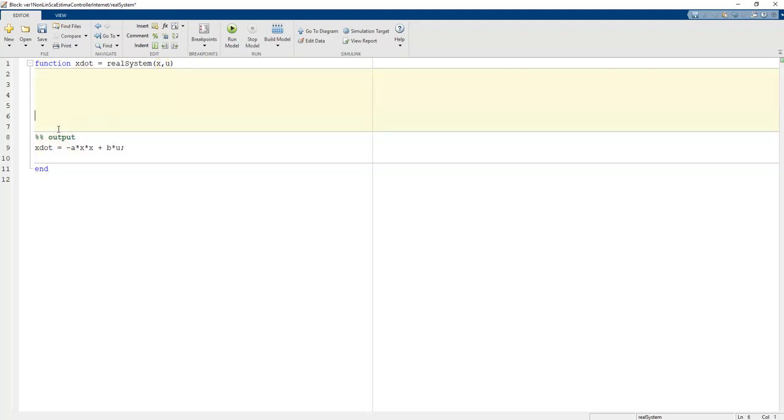And so we should estimate the values of a and b at this moment.